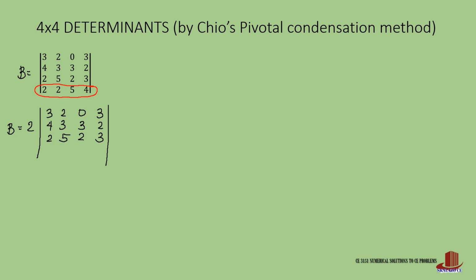And work with our last row. So that would be 2 divided by 2 is 1. Then we would have this as 5 halves, and this would be 2. Now we can use this as our pivot.